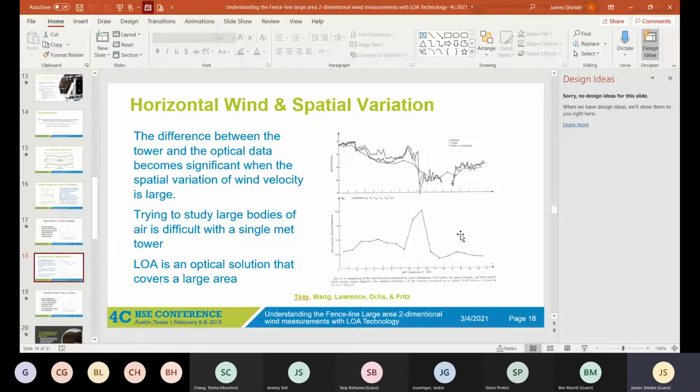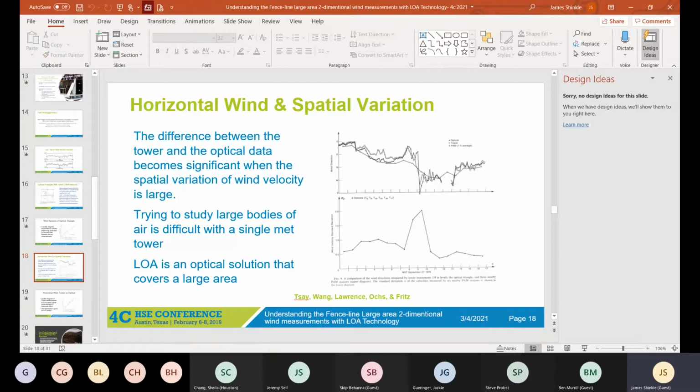The difference between the tower and the optical data becomes really significant where the spatial variation of wind velocity is large. Trying to study large bodies of air is really difficult with a single Met tower, or, as you were saying, Jackie, trying to measure it from a Met tower that's 20 miles away, or however far away it is at the airport.